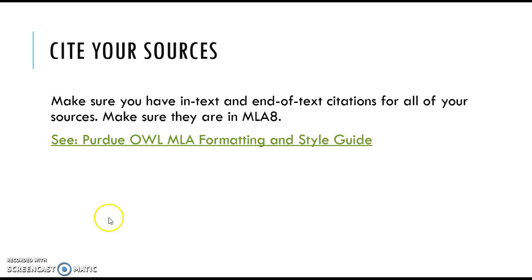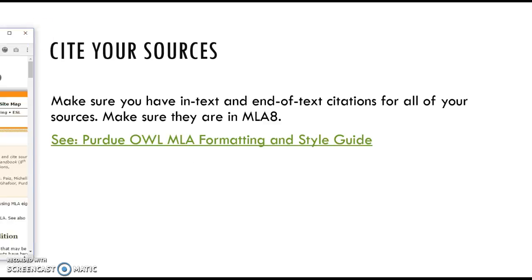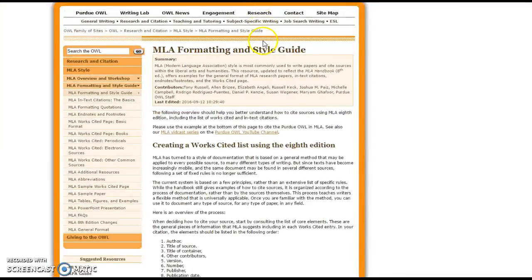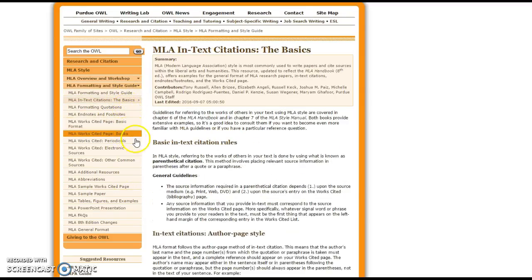So I'm going to talk you through a few basics of in-text citations, but remember that you have the Purdue OWL available to you. If you go to the link, which I'll put up on Carmen, you'll see a style guide that will look something like this. To find more information about the in-text citations, you'll want to click on this menu on the left.